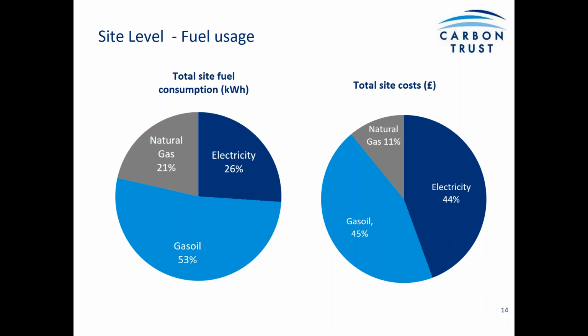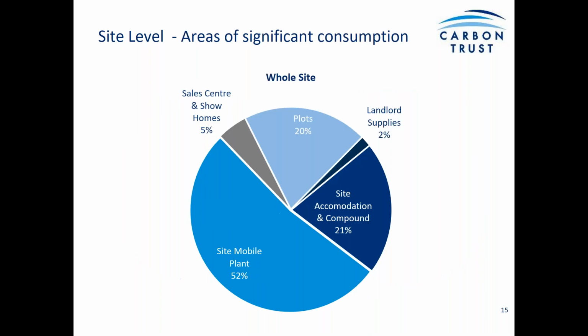The natural gas is referring to mainly the drying out of the houses, and the electricity then, the majority of that is going to be on the on-site accommodation, and you can see how that breaks down then in the cost being split, the maximum being halfway between the gas oil and the electricity. So we begin to focus in then on the areas that we want to concentrate on.